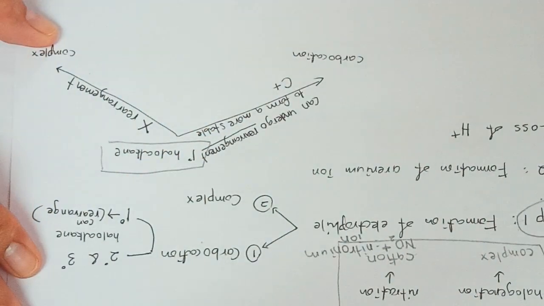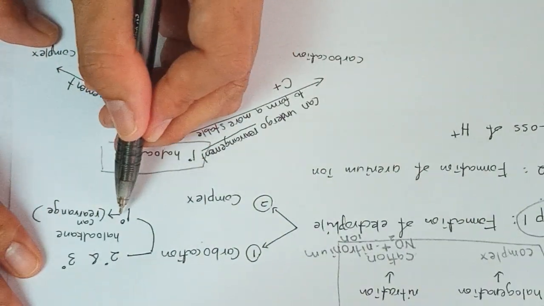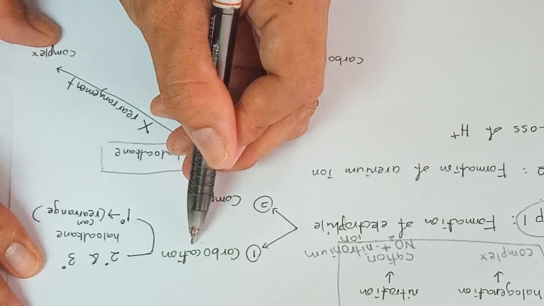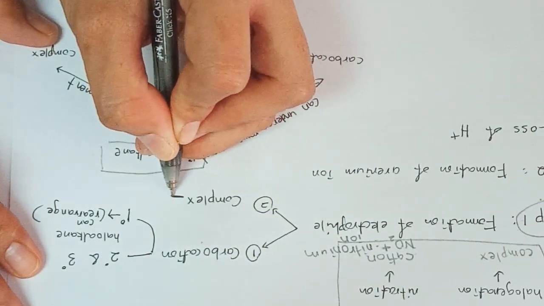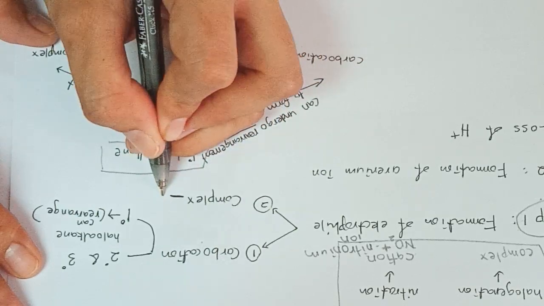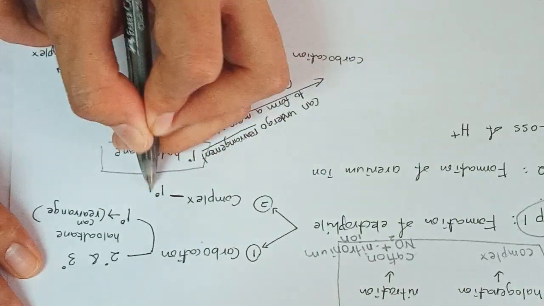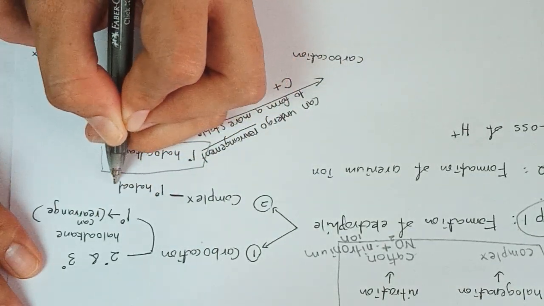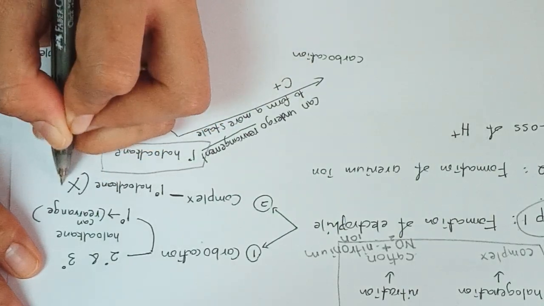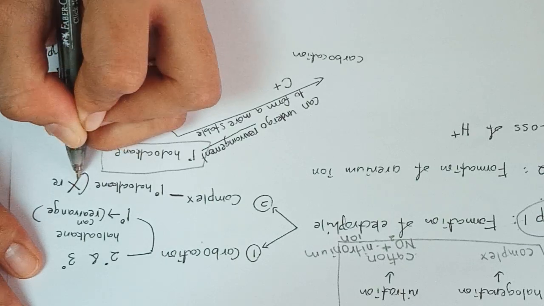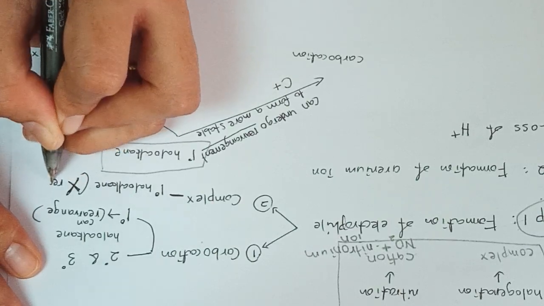Okay, I just write like that. Primary haloalkane that can rearrange also forms carbocation. What about complex? We will form complex when we have primary haloalkane that cannot rearrange. Cannot rearrange.